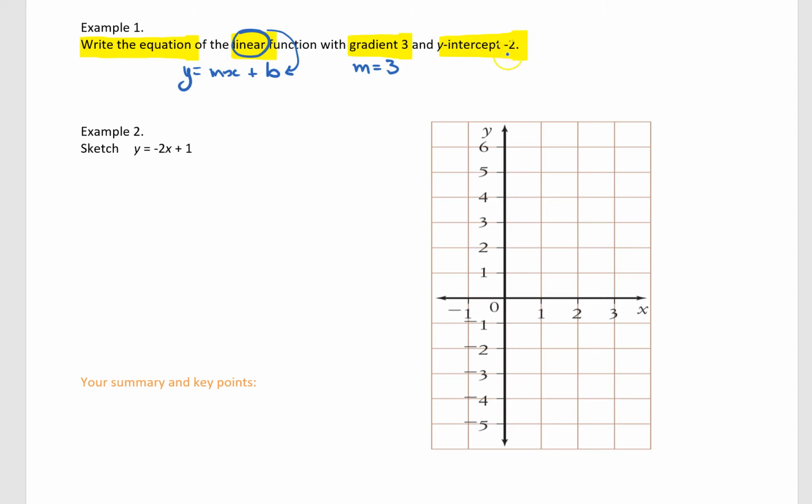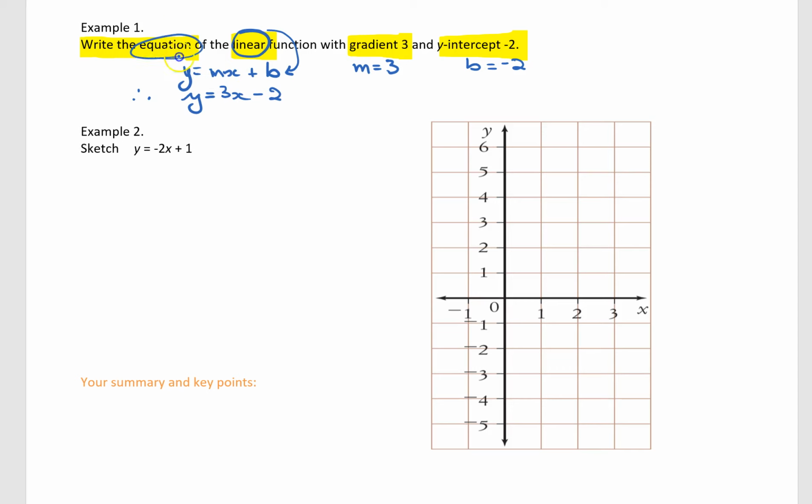I now read this piece of information and connect it immediately to b equals negative 2. That enables me then to complete my equation. y equals 3x minus 2. And I'm done.